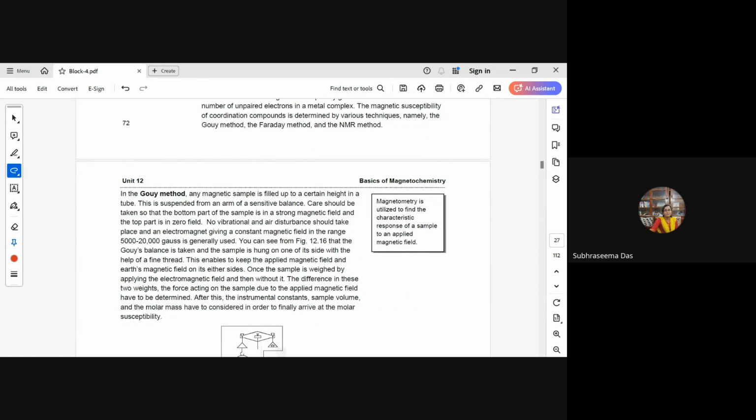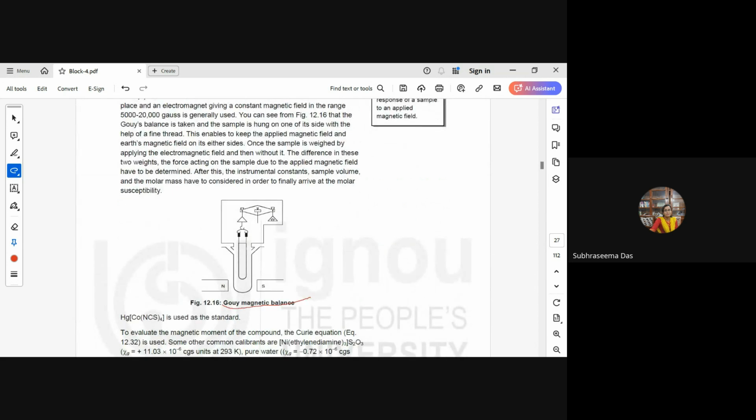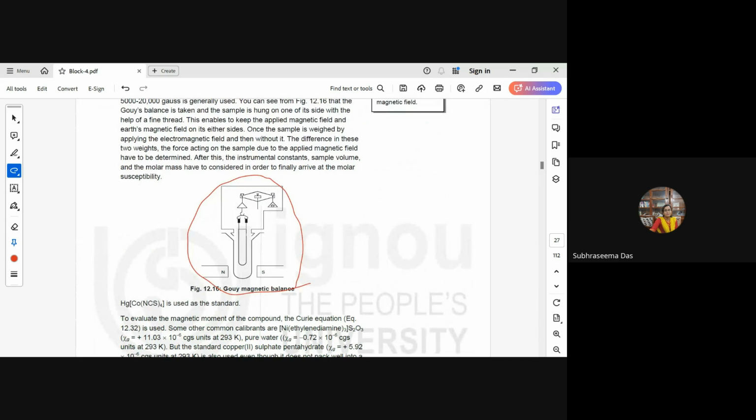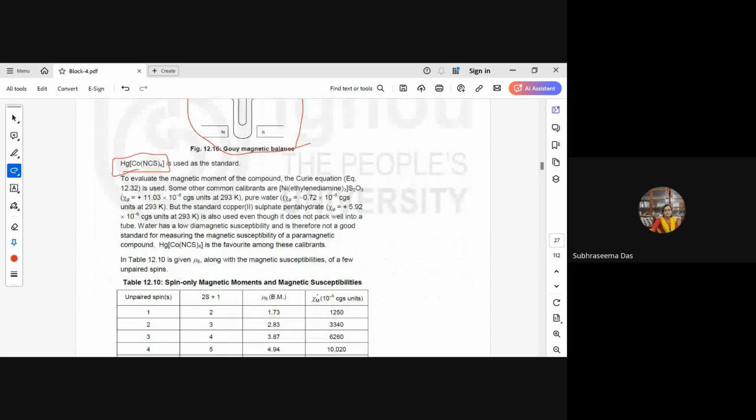In the Gouy method, the arrangement for a magnetic sample is shown in figure 12.16, and this is the standard Gouy magnetic balance. HgCo(SCN)4 is taken as the standard for the measurement in the Gouy method, to evaluate the magnetic moment of a particular compound.